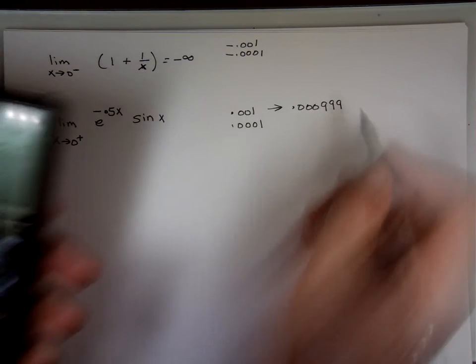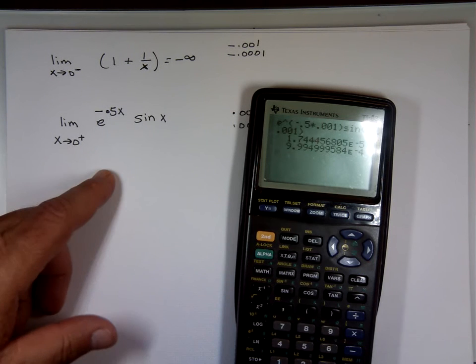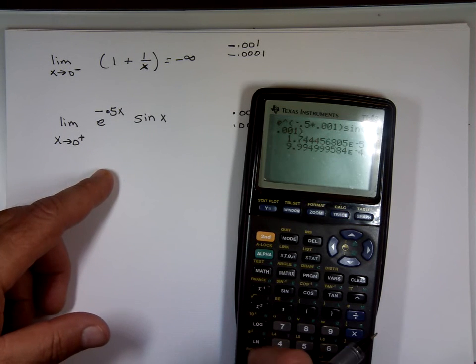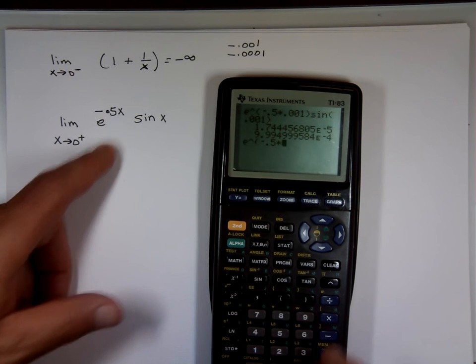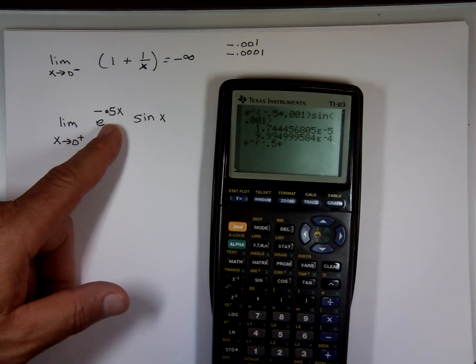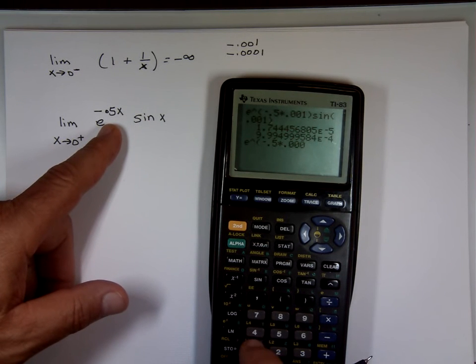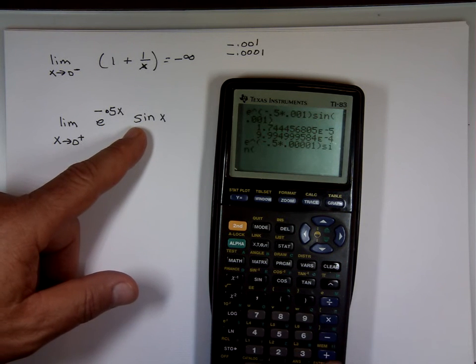And let's try the next number. E to the power of negative 0.5 times 0.00001, I even get closer, times the sine of 0.00001.